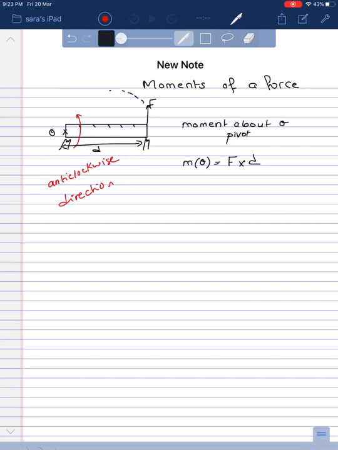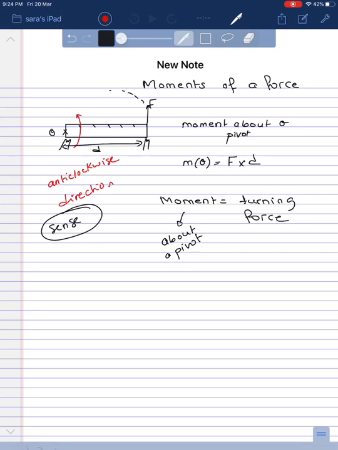So the moment, how can I define a moment? It is the turning force. But always I need to find the moment or study it about what? About a pivot or about a fixed point. Other than the magnitude of this force and how far it is from the pivot, I need to define its sense.